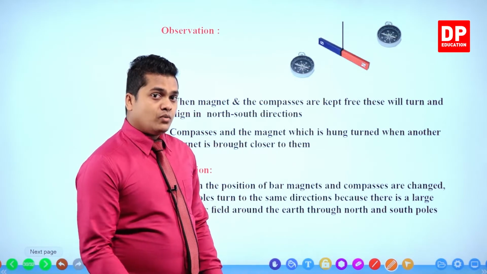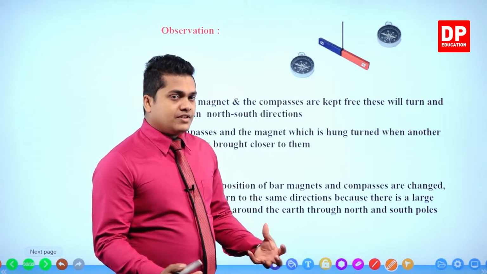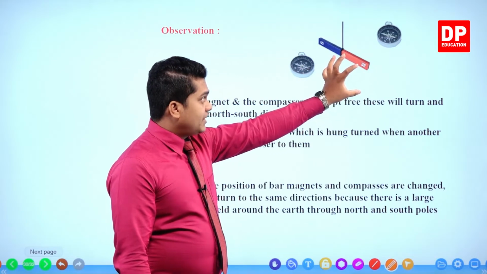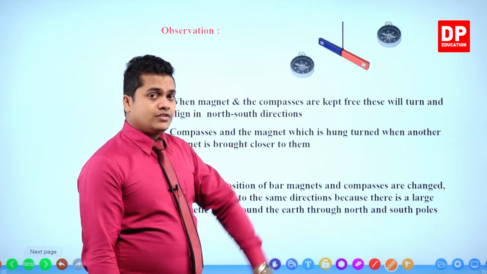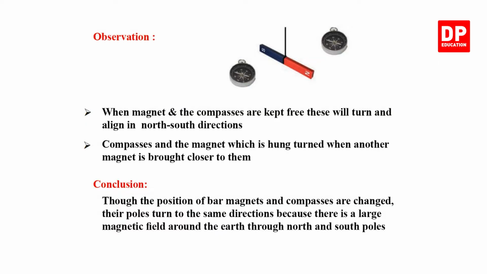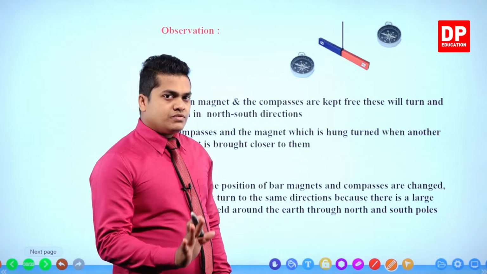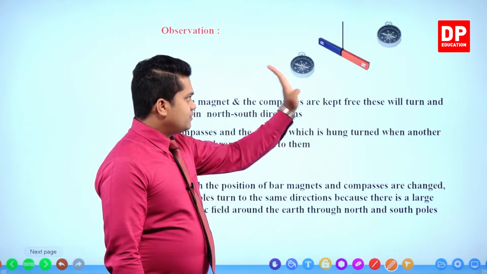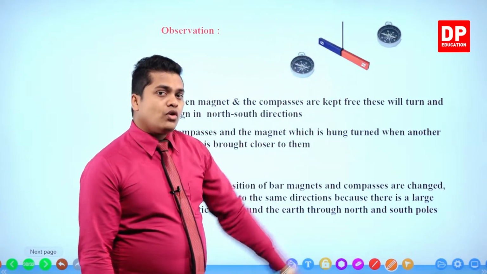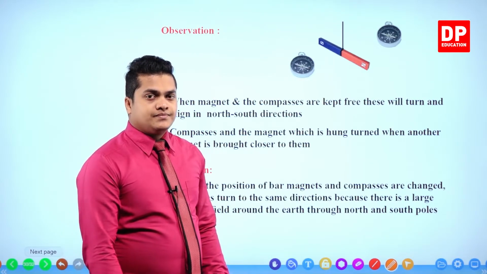We have observed what happens, right? When it is kept in this kind of a location, without bringing the other magnet near, we could observe that this compass, this magnet and the other compass, all three, would point to the north and south directions.